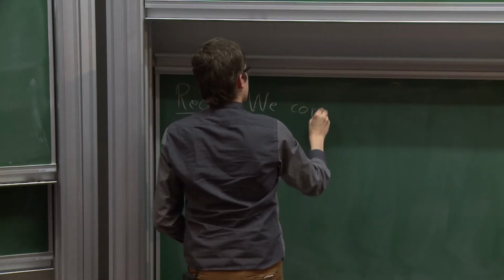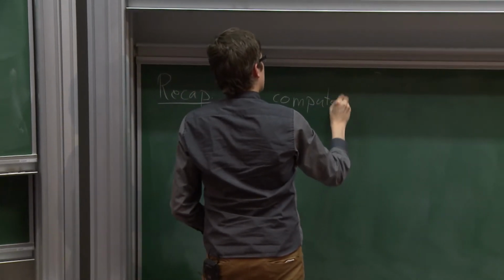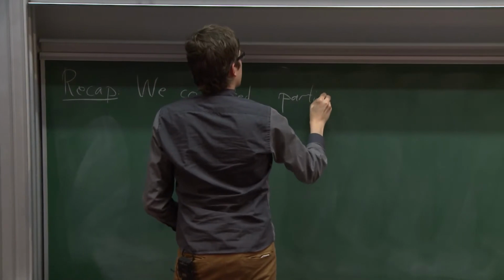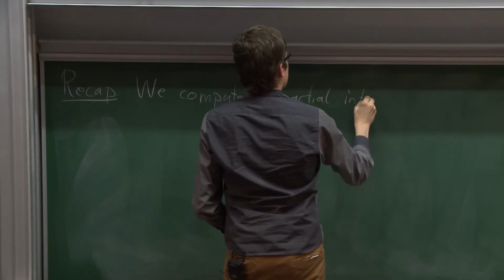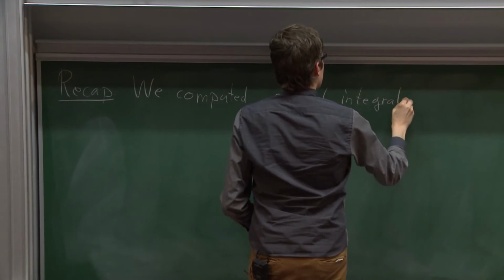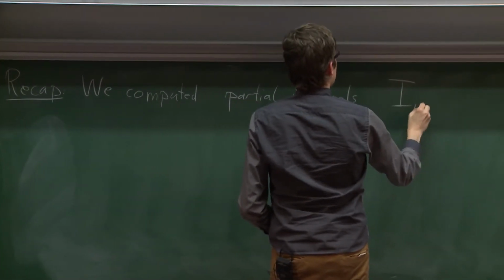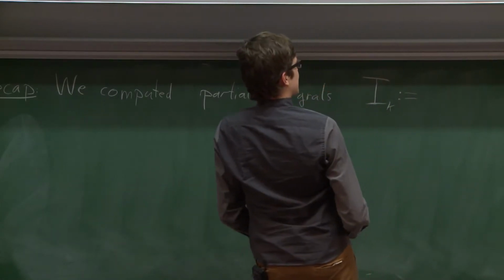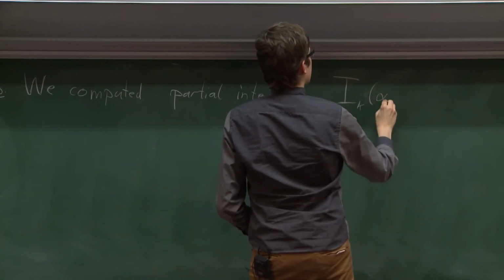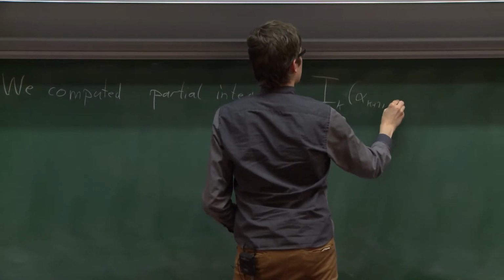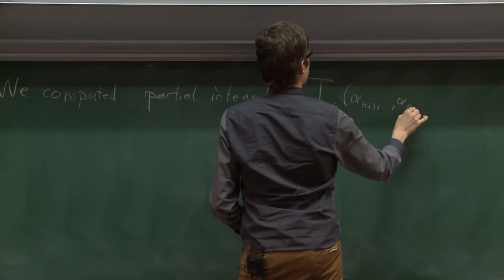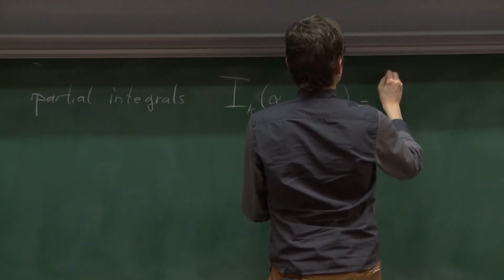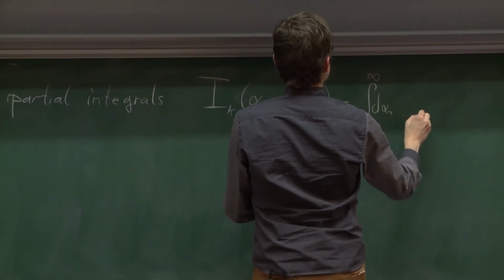We computed partial Feynman integrals, meaning I call this I index k, or Francis calls it I index k, which still depend on the remaining variables from k plus 1 up to the final variable. So integrate from 0 to infinity the first k variables.